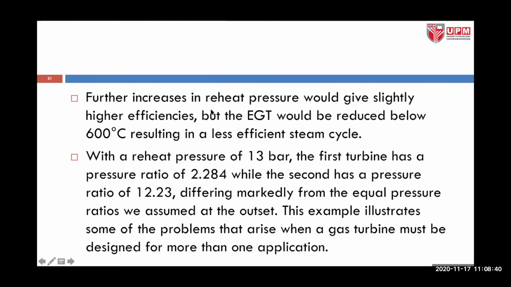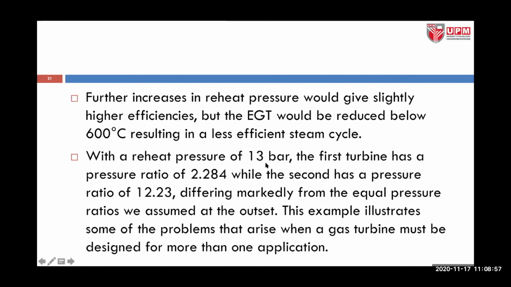Further increases in reheat pressure would give slightly higher efficiency, but the exhaust gas temperature would also be reduced below 600 degrees Celsius, resulting in a less efficient steam cycle.